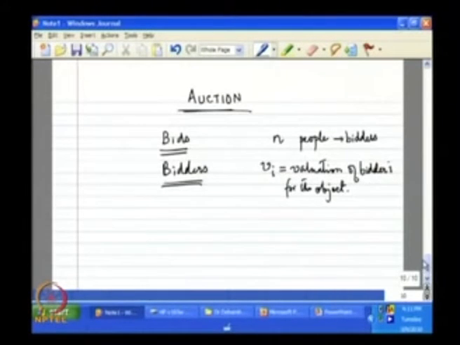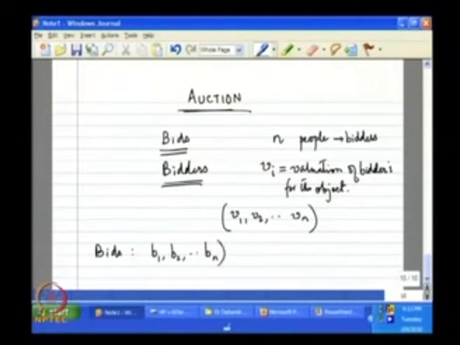Now, this is one set of variables that we shall remember, that is V1, V2, Vn. There is another set of values that one needs to remember. These are the bids. So, bids are B1, B2, Bn.